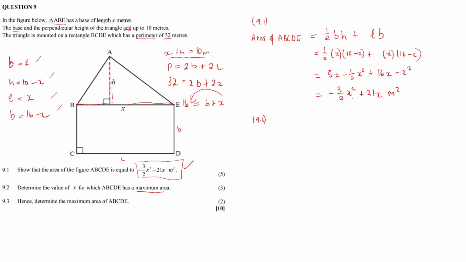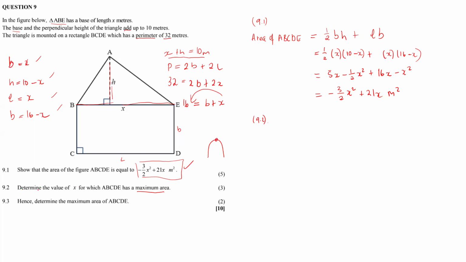This is a parabolic equation, a quadratic equation. If we were to present this equation in terms of functions, this is a parabola and the value of a is negative, so it will be concave down, a sad face, because the value of a is negative. So it has a maximum point.